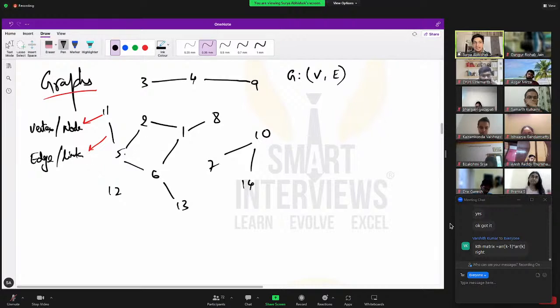And all the terms that we discussed in trees are similar to those terms that we will encounter in graphs. So here, any graph is basically a set of all the vertices and all the edges. So this is the mathematical representation of a graph. A set of all vertices, comma, all edges.